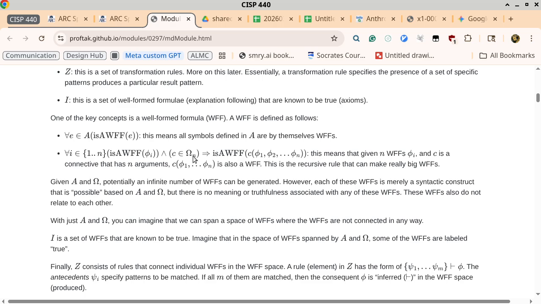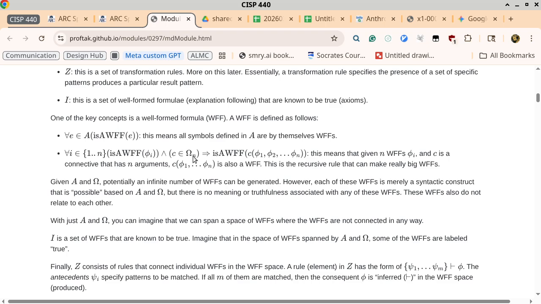So that way I can now say for every i in the set of 1 to n, if phi of i is well formed and we have an operator C in omega n, which means operator C requires n operands, then when you apply the operator C to the operands phi 1 all the way up to phi n, the resulting expression is also well formed.